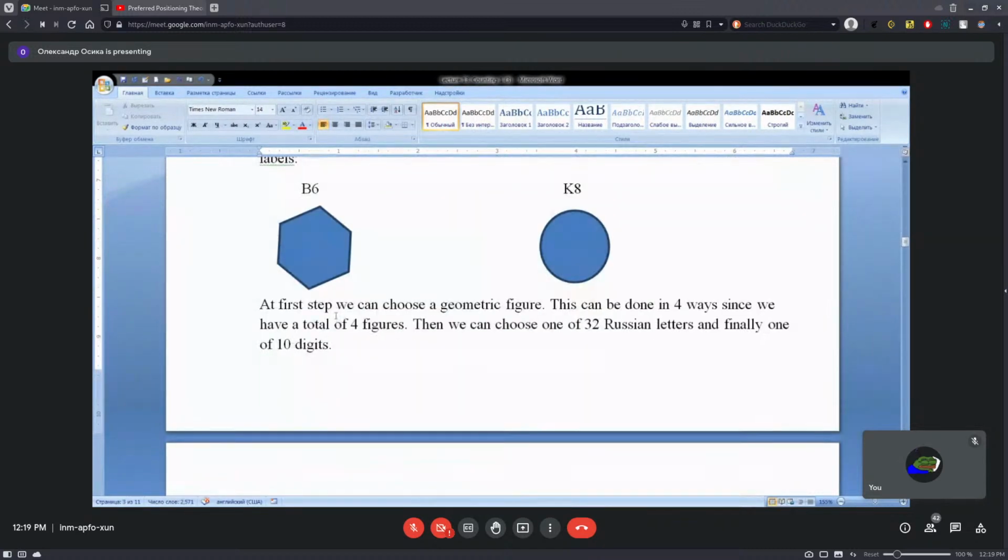At the first step, we can choose a geometrical figure, which can be done in 4 ways. We have a total of 4 figures. Then we can choose one of 33 Ukrainian letters. And finally, 1 of 10 digits.